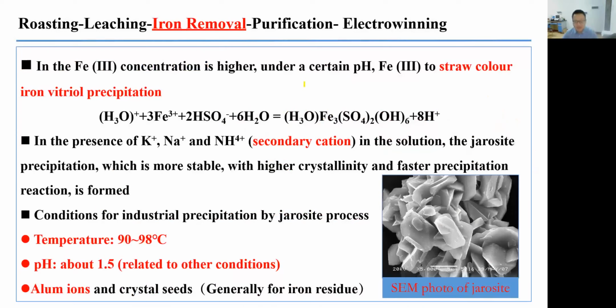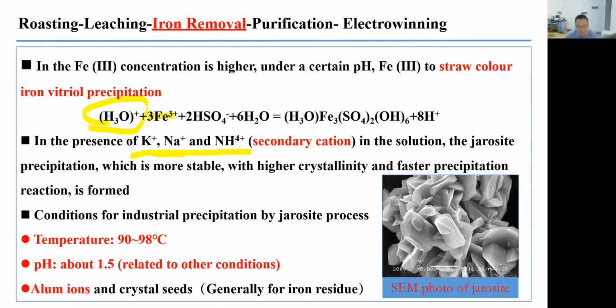So when we are starting those technologies one by one. When we have some ferric ion in the solution, and when we are processing the solution at the processing window of jarosite, we'll find out that when we have some sodium or potassium ions, they are secondary cations.